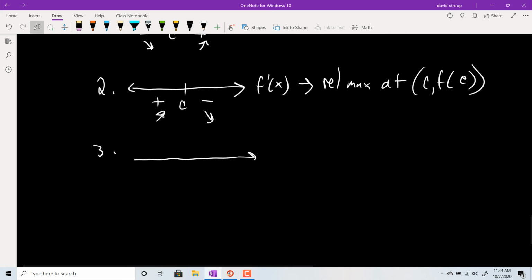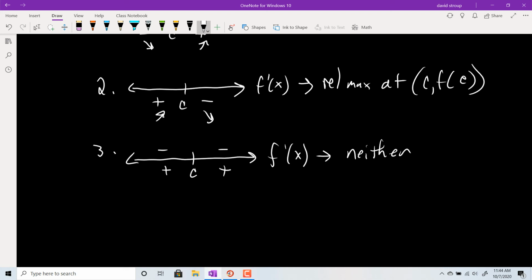And in those cases, it's neither. Okay? So you'll have a minus, minus, or you'll have a plus, plus on your number line, and that means neither a relative max nor a relative min.